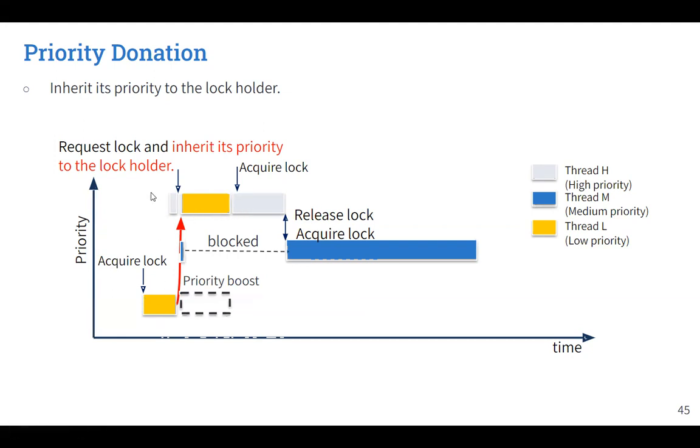So when thread H requests the lock held by thread L, it would also donate its priority and preempt the middle thread M and actually schedule the CPU time to thread L, which releases the lock, and then H gets the lock and schedules itself, and then thread M should run. So this is priority donation.